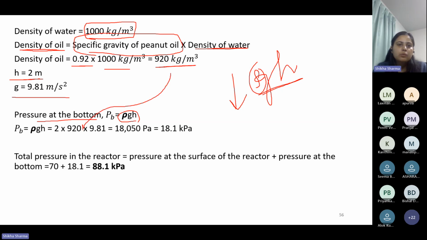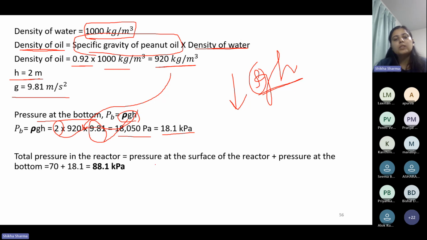Then height h is 2 meters, times g, the acceleration due to gravity, 9.81. So when we multiply 2 times 920 times 9.81, it is 18,050 Pascal, which is 18.05 kilopascal or 18.1 kilopascal.